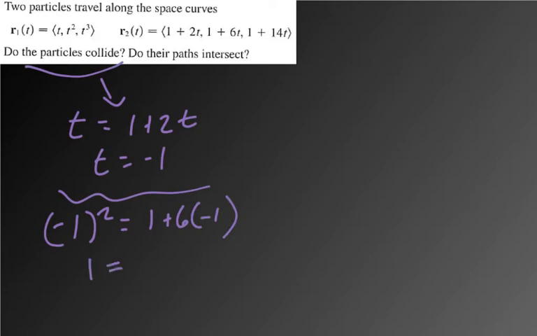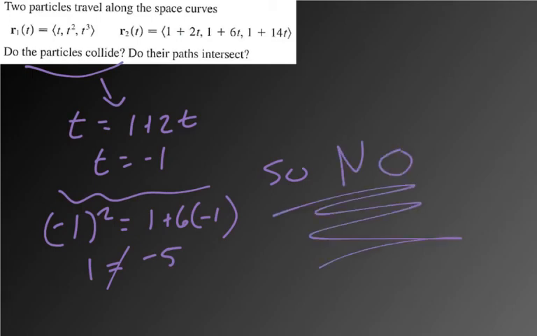That would mean 1 equals -5, which doesn't work. So no, it's not too hard to see that they don't collide, but it's a little harder to see whether they intersect or not. The answer is actually yes, but I'll show it in another video because it takes a little more work to do that.